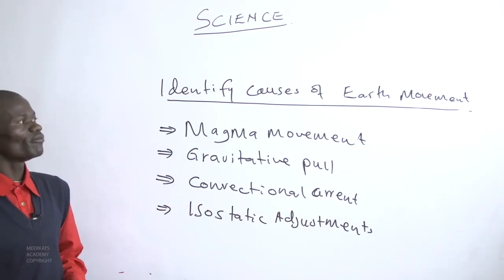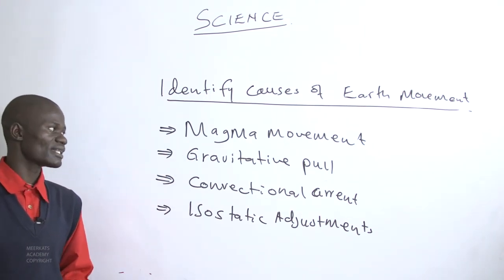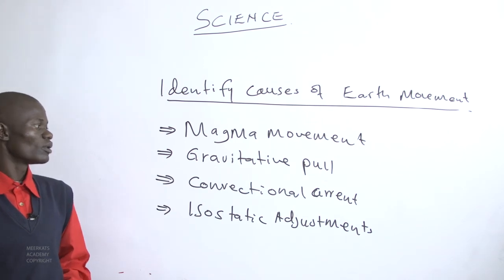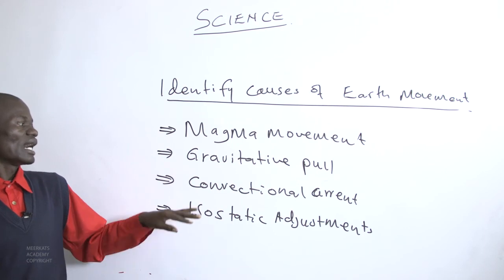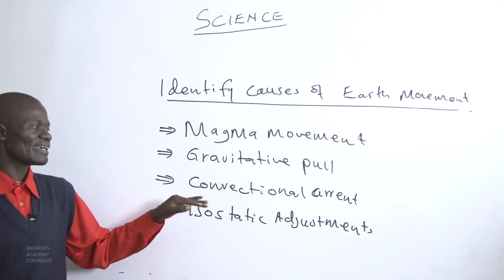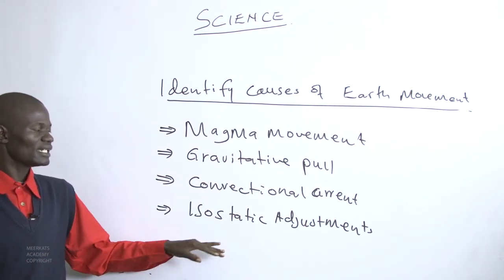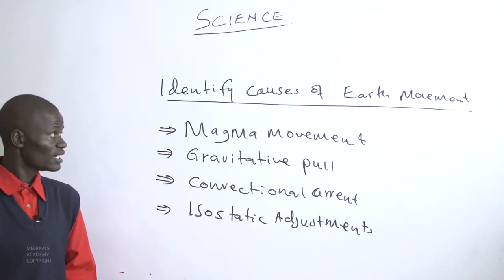Therefore, magma movement is one of the causes of earth movement. Then gravitative pull or gravitative force also may cause earth movement. And then convectional currents in the mantle and isostatic adjustment.